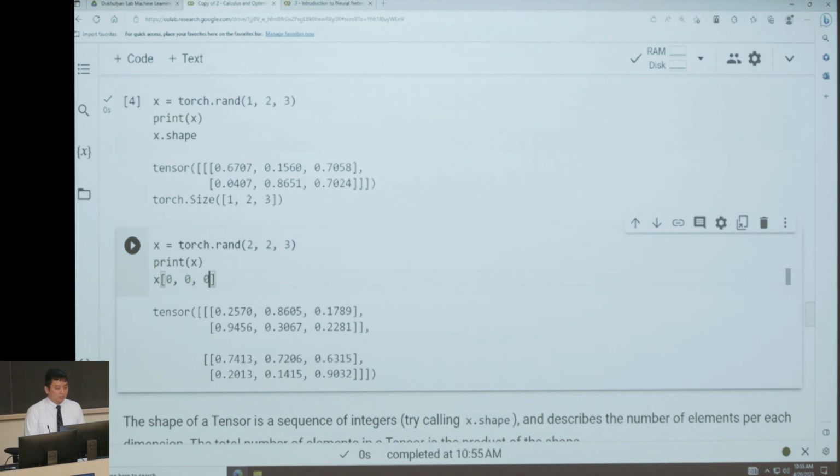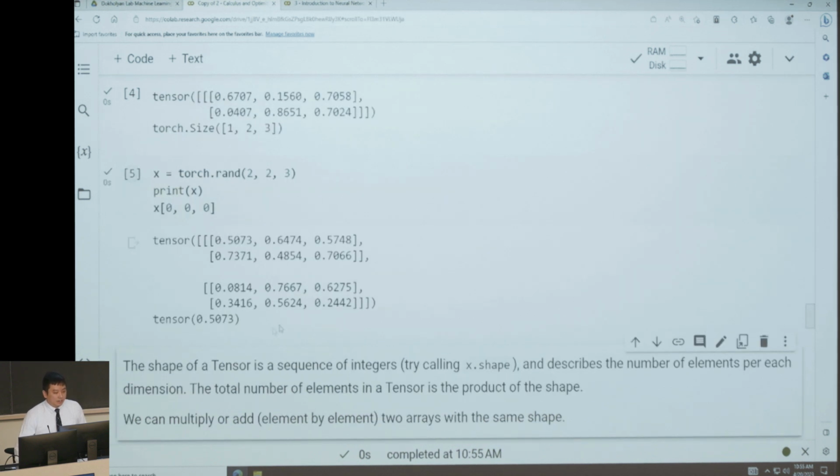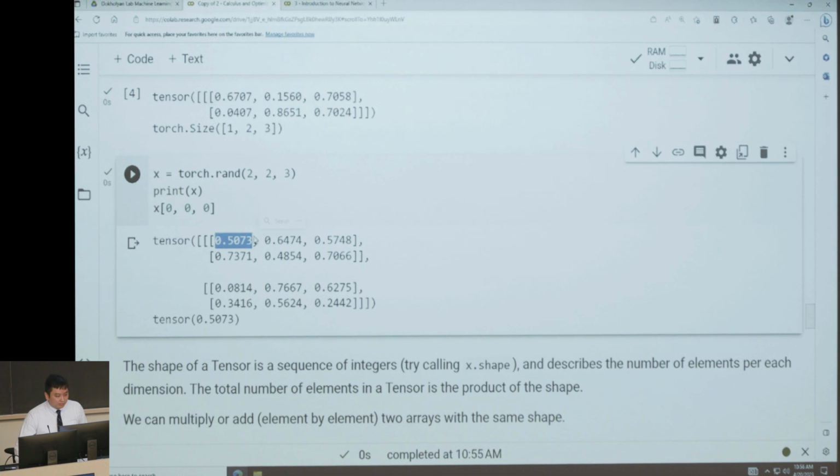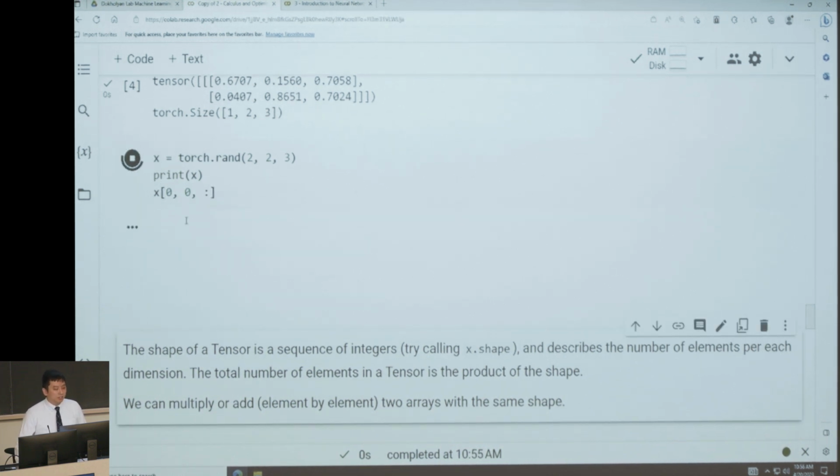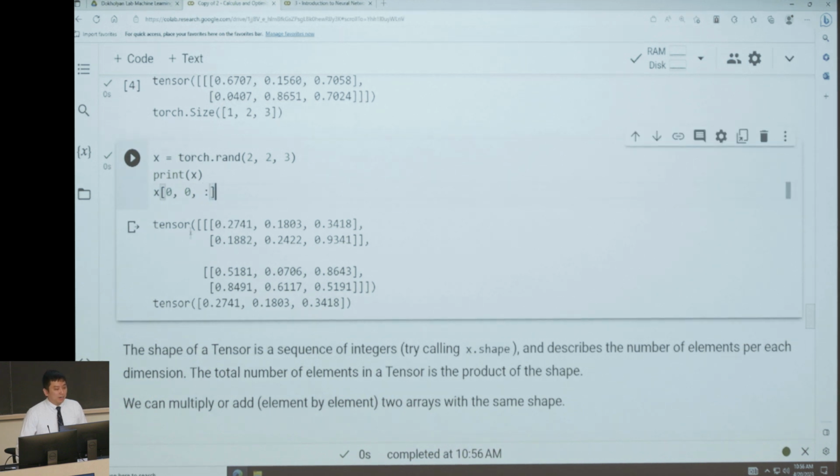So x[0, 0, 0] is just this entry. You can use a colon to specify, OK, I want the 0th index of the first dimension, 0 of the second dimension, and all of the third dimension. So you can see this list is actually just this first row here.